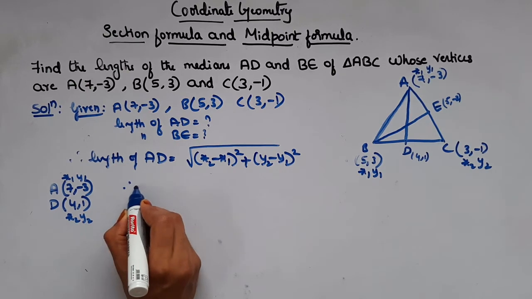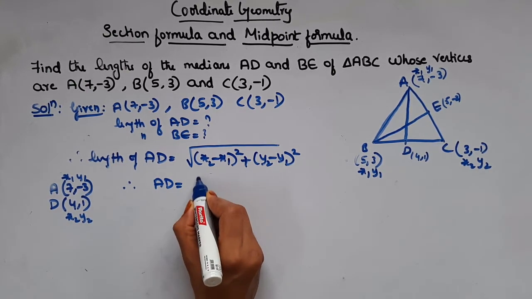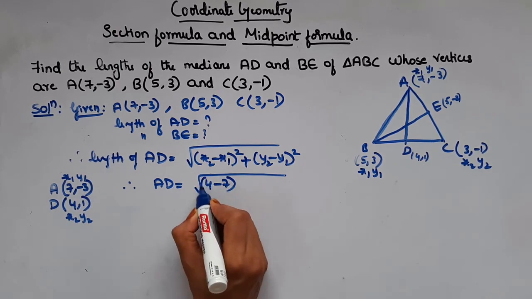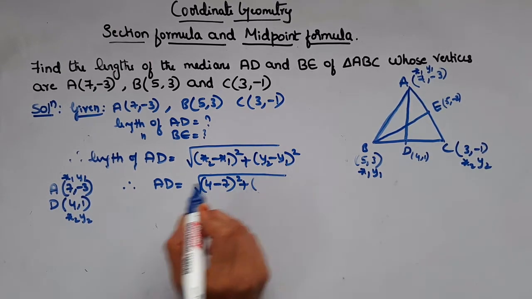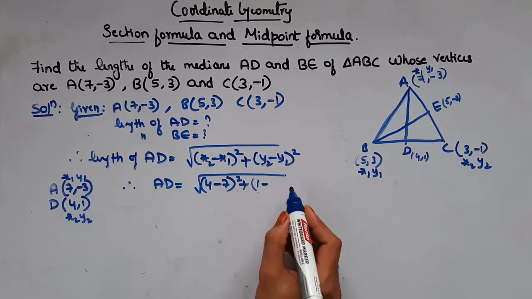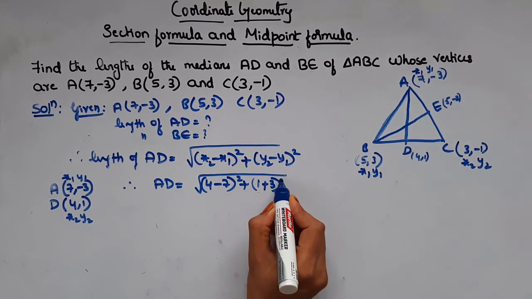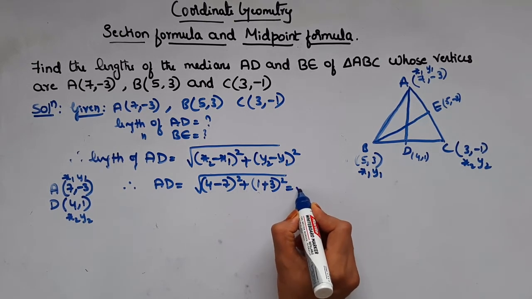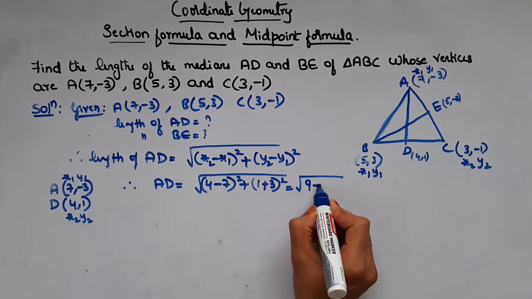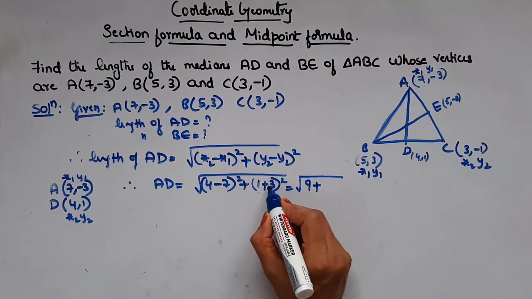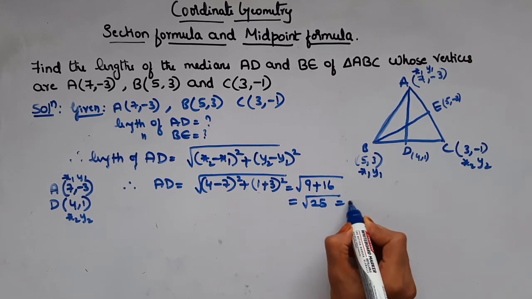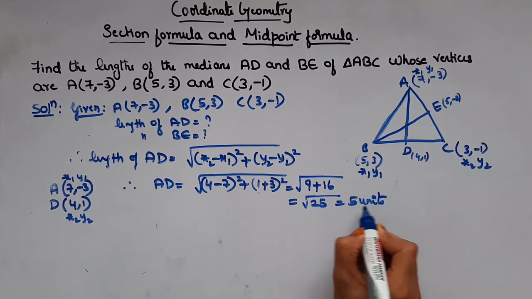Therefore the length of AD is given by x2, in this case 4, minus x1, which is 7, the whole square, plus y2, here 1, minus y1, which is -3. Minus of minus is plus 3, the whole square. Which is equal to the square root of 4 minus 7 is -3, so 3 squared is 9, plus 1 plus 3 is 4, so 4 squared is 16, which gives the square root of 25, which is nothing but 5 units.